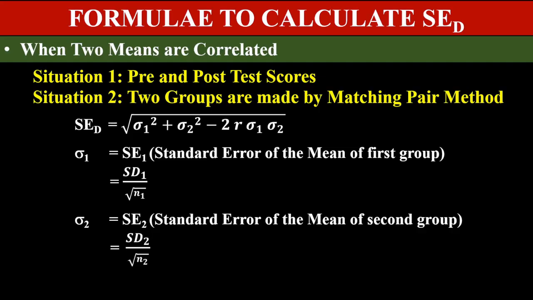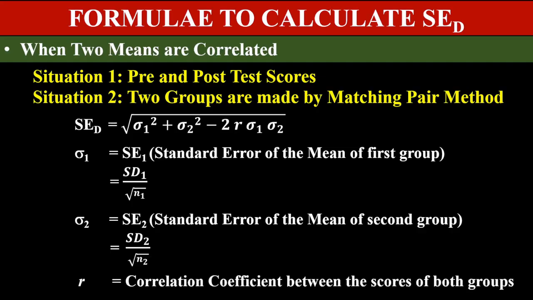And it is found by using this formula: SD2 upon root N2, where SD2 is the standard deviation of the second group and N2 is the number of observations in the second group. And r is the correlation coefficient between the scores of both groups. We have to find the correlation coefficient also when two correlated means are given, because r is used there.